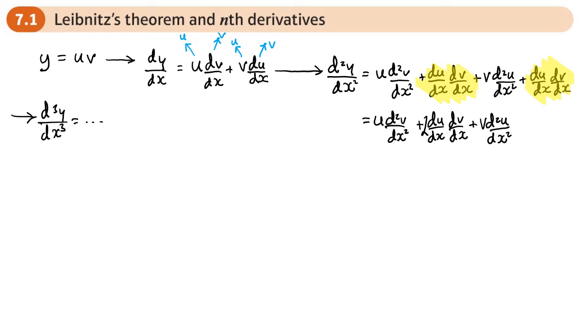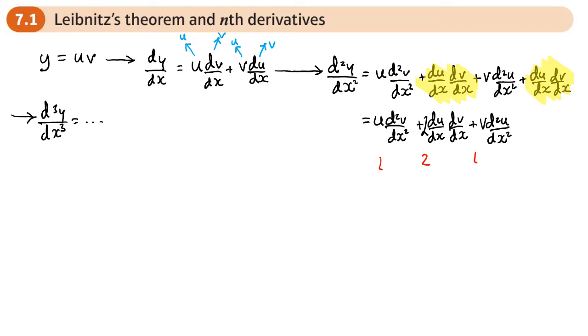You may be beginning to see these coefficients 1, 2, 1, and u, then du/dx, then d squared u over dx squared. So the derivative of u seems to be going up by powers, and the derivative of v seems to be going down by powers.